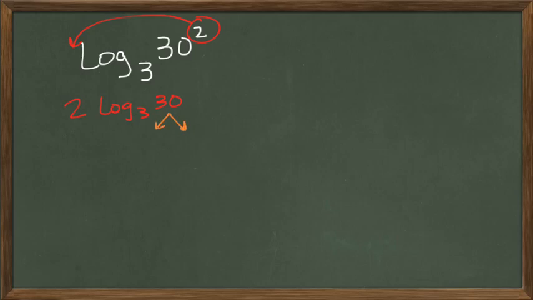The intention of why I'm doing that is because I have a base 3, and I want to make this logarithm as simple as possible. So what if I broke this down into 2 different pieces, such as 2 log base 3 of 3 and 2 log base 3 of 10?